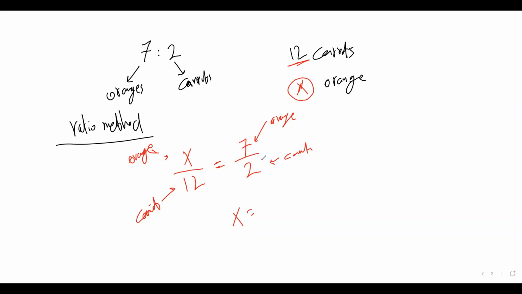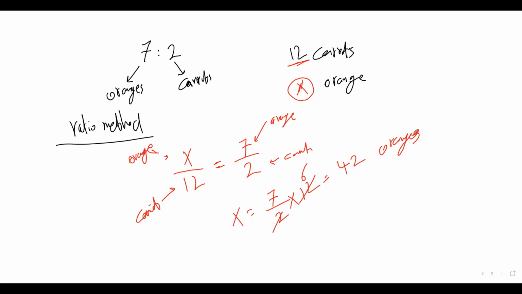And then X is found to be, just multiply everything by 12 on both sides, and you will get 42 oranges. So that's another type of questions that you might see in the exam.